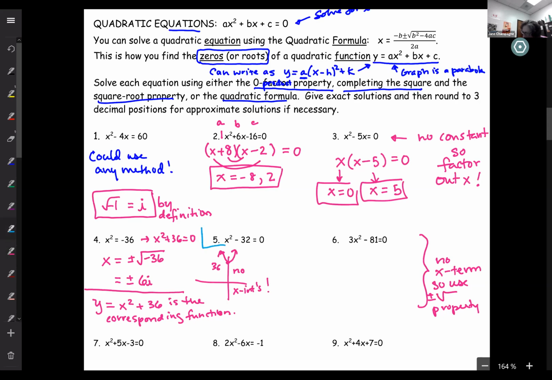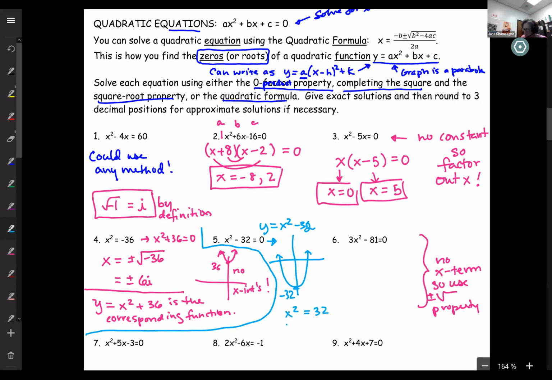This one right here, the function would be y equals x squared minus 32. That one is down here, shifted down 32. So that one does have a couple of x-intercepts. X squared equals 32. X is plus or minus the square root of 32, which doesn't come out even, but again, you could pull out 16 and take the square root of 16.